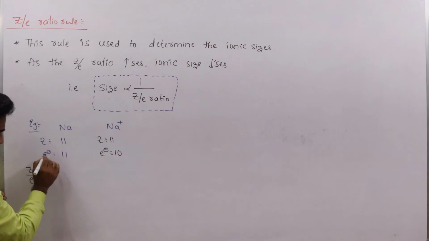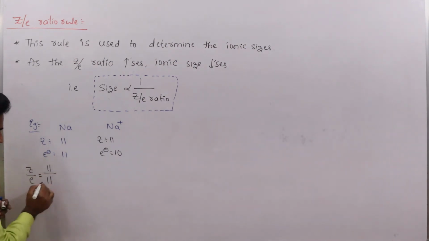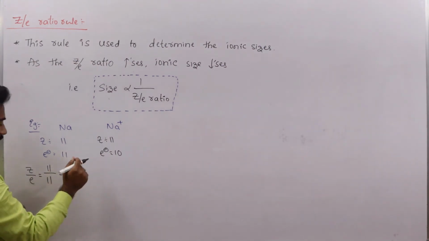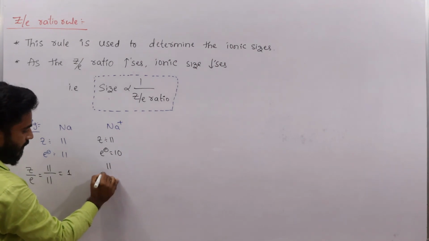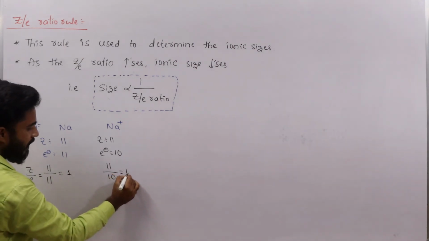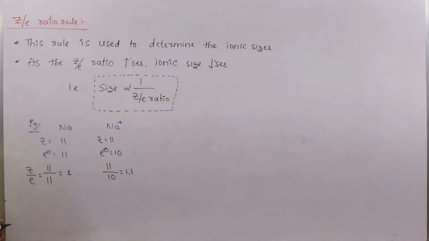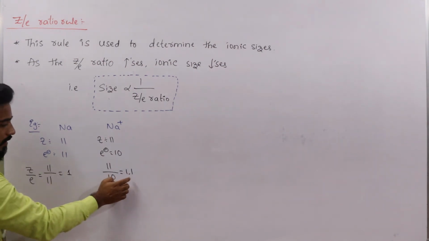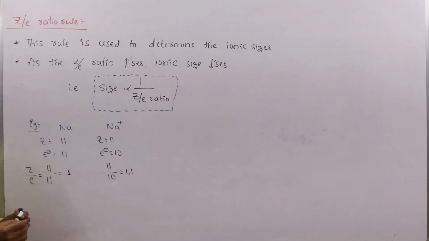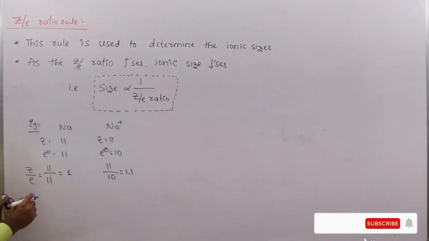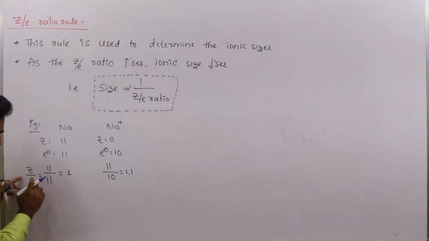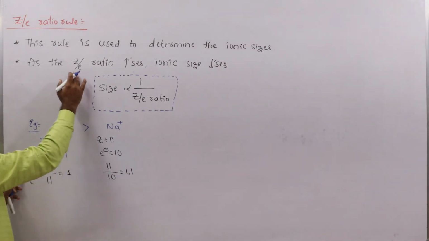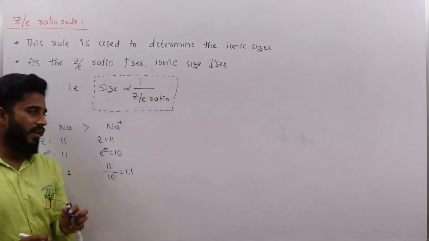For Na, Z is 11 and number of electrons 11, so we get a value of 1. For Na+, Z is 11, number of electrons 10, so we get 1.1. Among Na and Na+, which one has more Z by E? Na+ shows the more Z by E ratio. So directly we can say if the Z by E ratio is more, then size should be less. As the Z by E ratio increases, ionic size decreases.